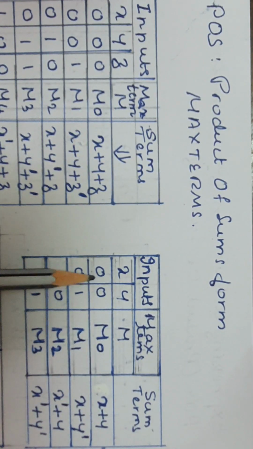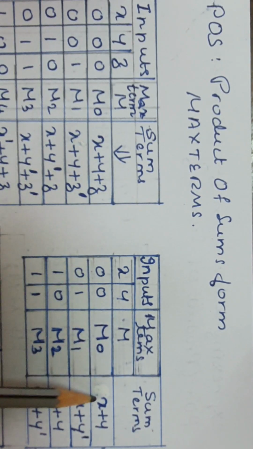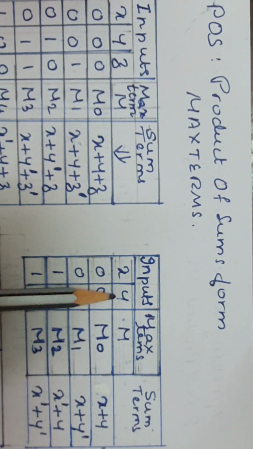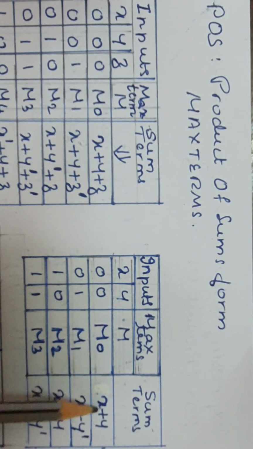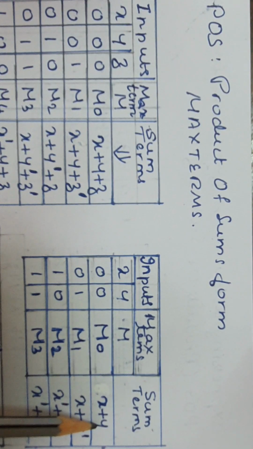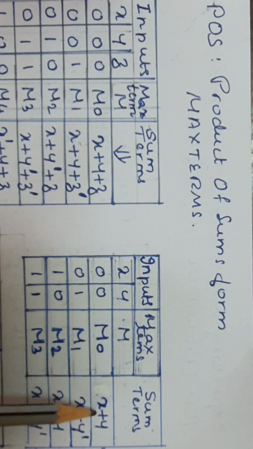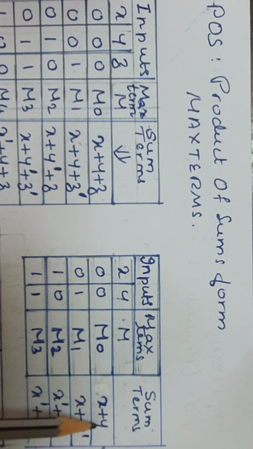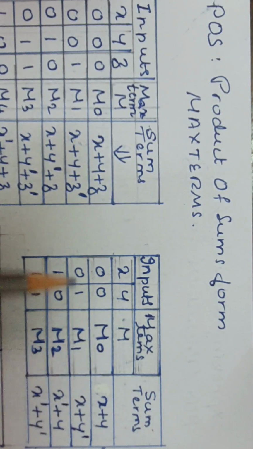If x is 0, it is written as x only. If y is 0, it is written as y only. So max term M0 for two variables is x plus y. We'll read it like this, but plus here means logical ORing.